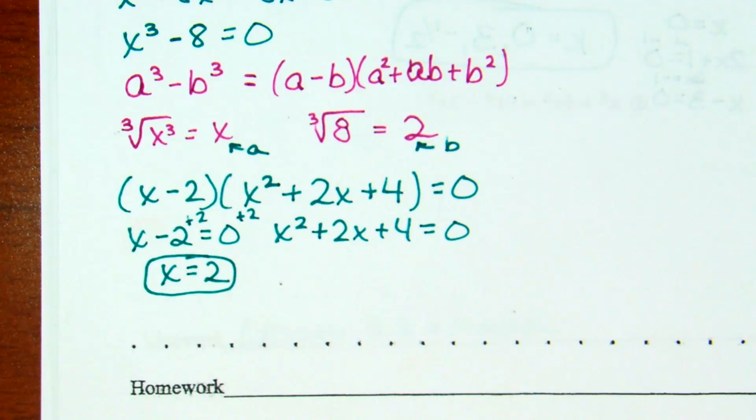Okay, factor. What multiplies to be 4 and adds to be 2? Multiplying to be 4 is 2 and 2 or 1 and 4. Can we make either of those work?